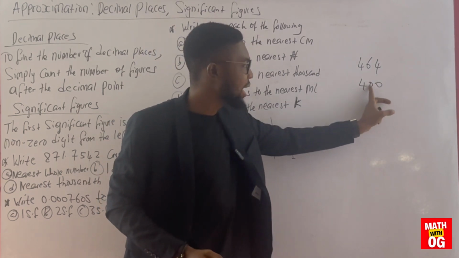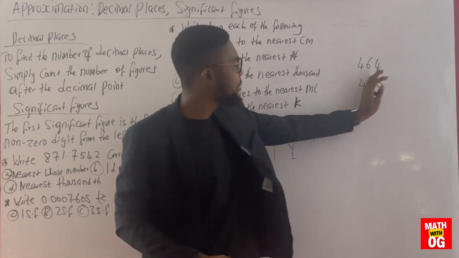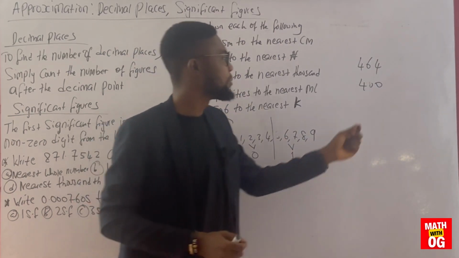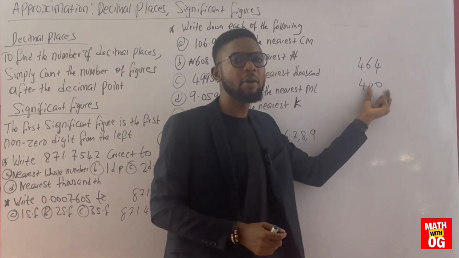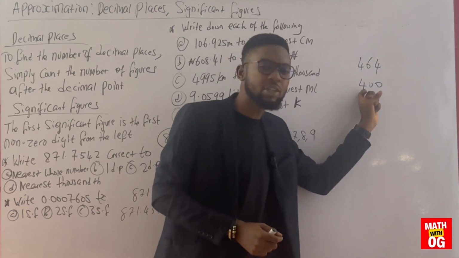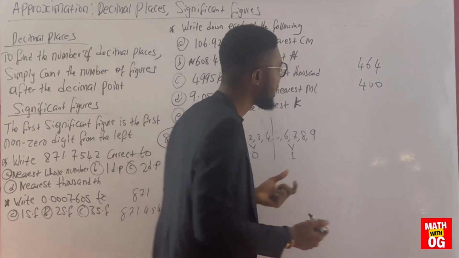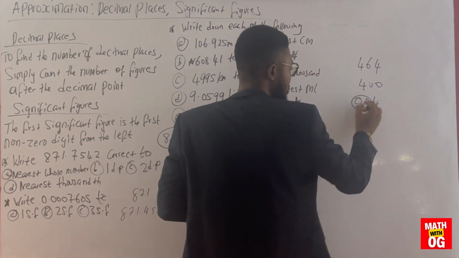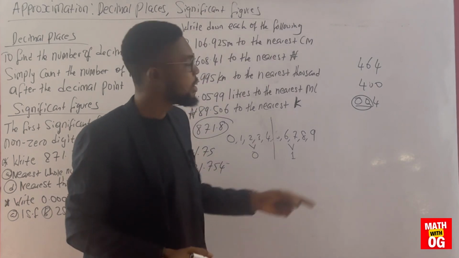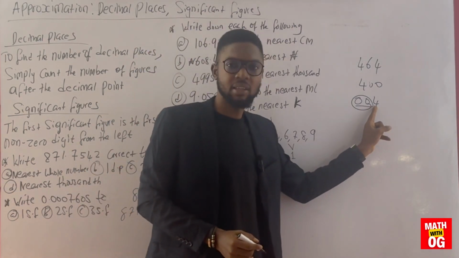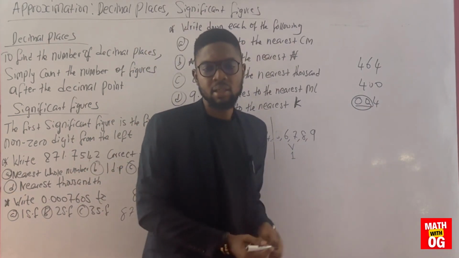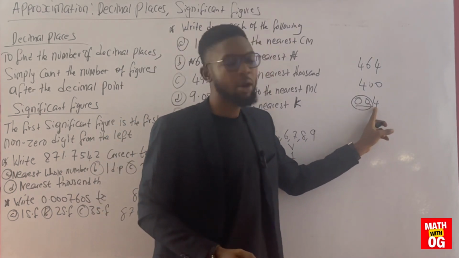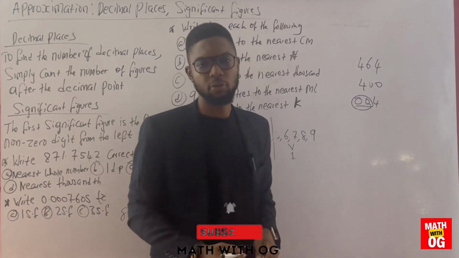We can't say these two guys are insignificant, because if I take them off, the number automatically becomes 4, no longer 400. So these two zeros play a very important role in making sure that this number is 400. I have another number, 004. These are zeros, so they are not significant. So 4 automatically becomes the first significant figure and the only significant figure. Without this 0, this guy remains 4. With this 0, this guy is still 4.